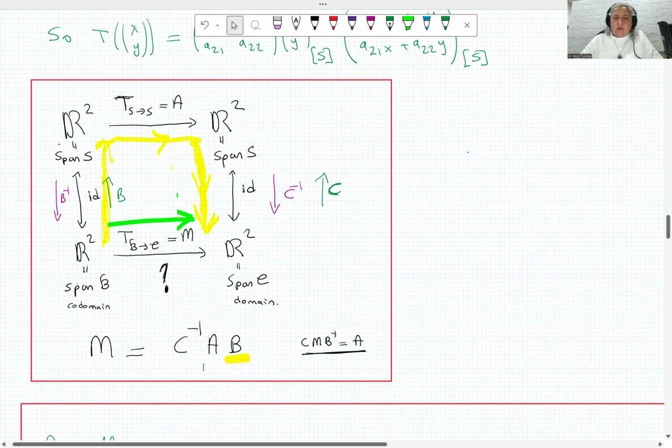This is also equivalent to CMB inverse is equal to A. How am I moving from here to here? Basically multiplying here by C, and multiplying here by B inverse. As you know, matrices are not commutative. You need to be very careful with the order. So you're multiplying from here by C. This will be identity.